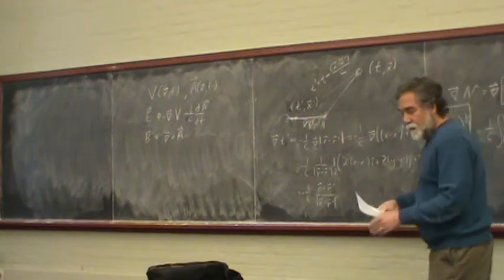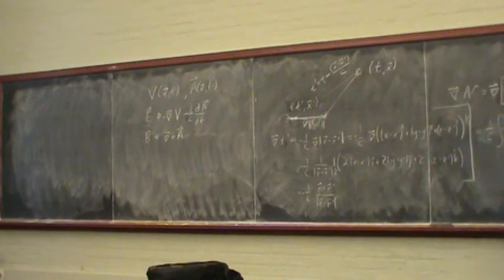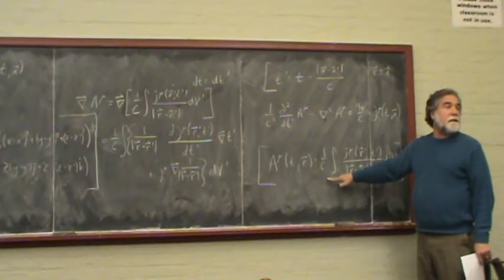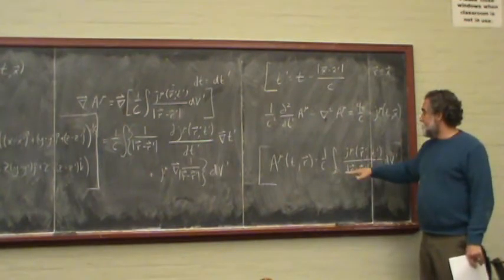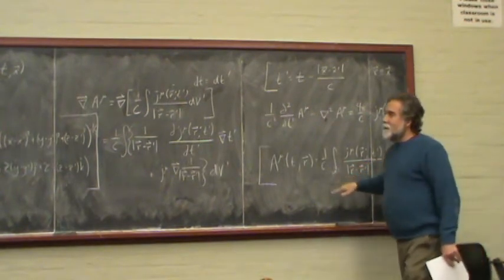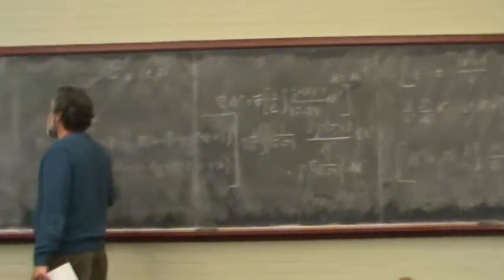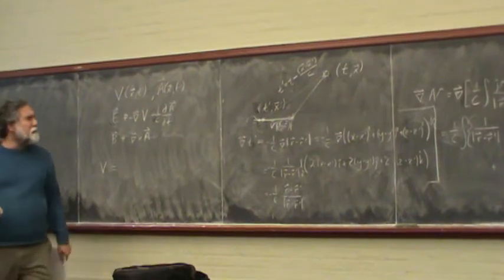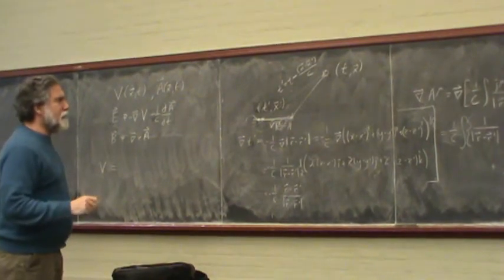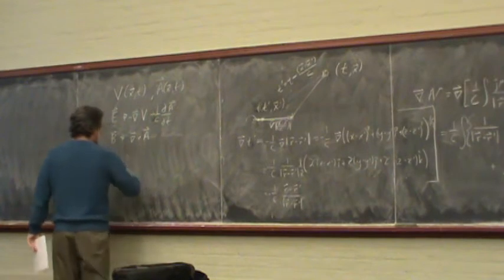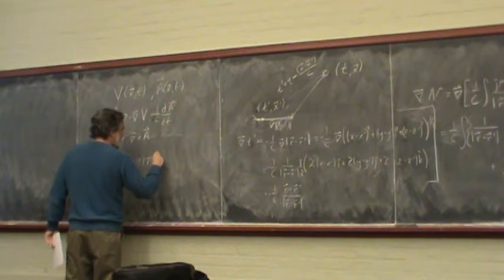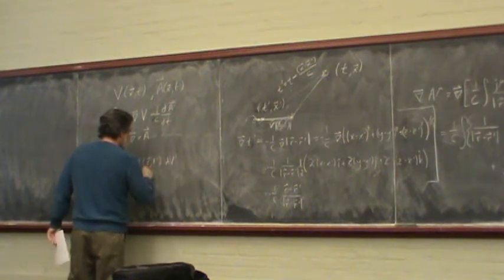Okay. So there's my 4 potential over here, which means that I could get the electric potential, V, using that. I've got a C in there somewhere, so that's going to disappear. And I'm just going to end up with the integral of rho of r prime, t prime, dv prime over the magnitude of r minus r prime.